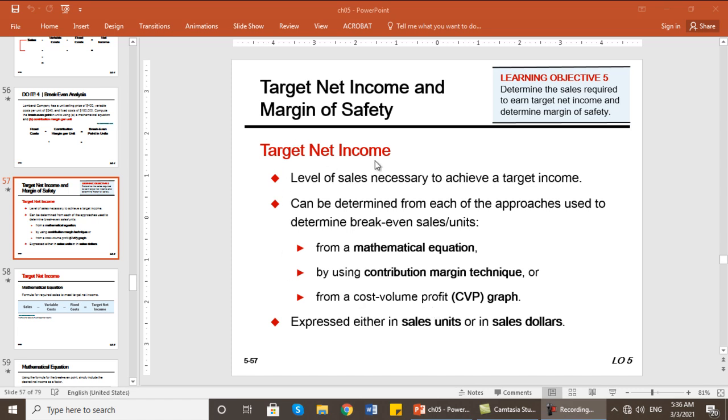Target net income we can express either in sales units or in sales dollars, the sales required in units or the sales required in dollars to achieve target net income.